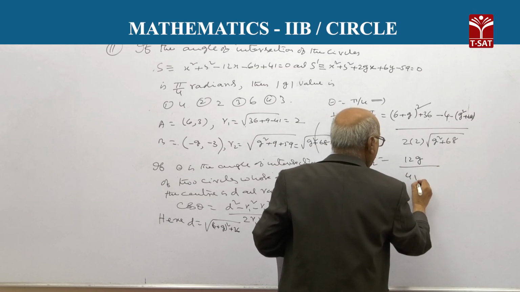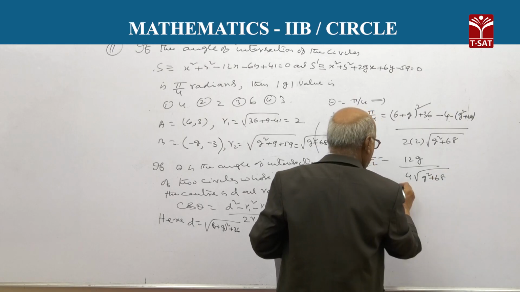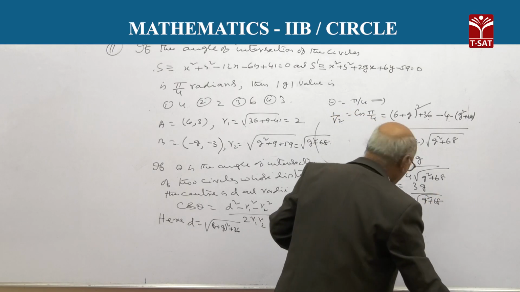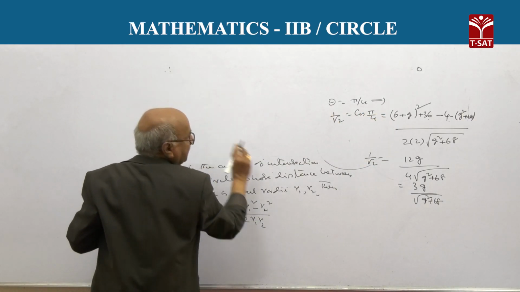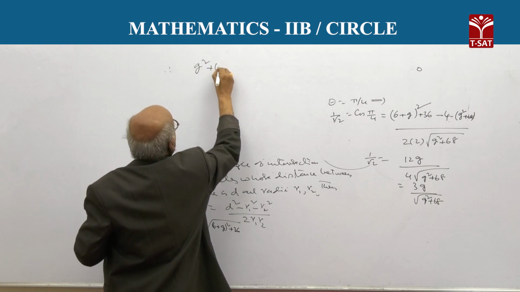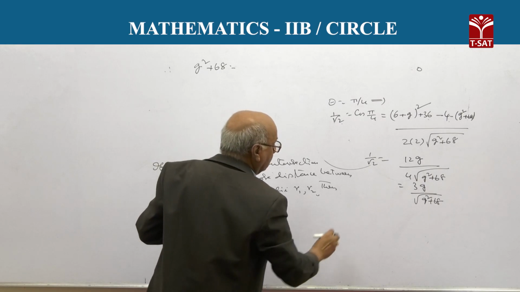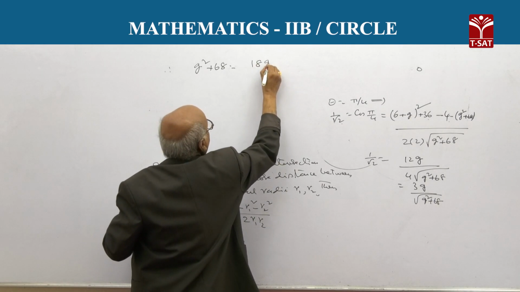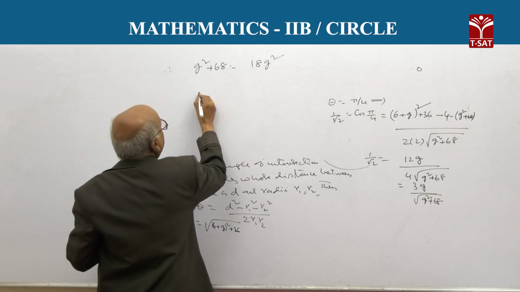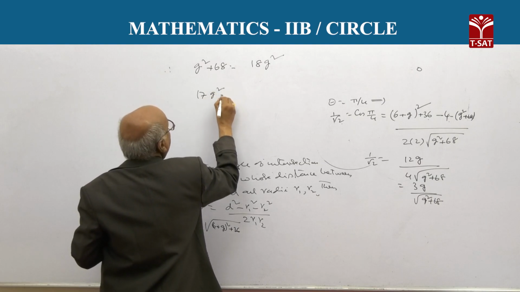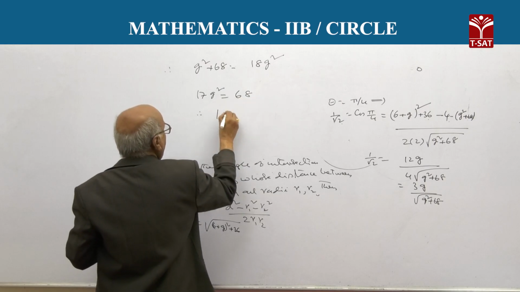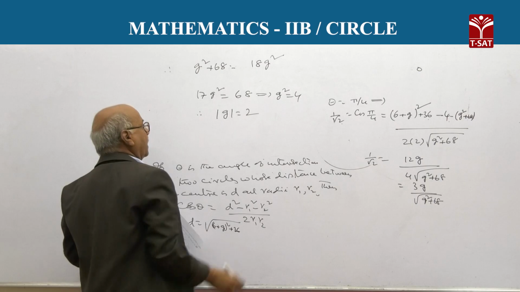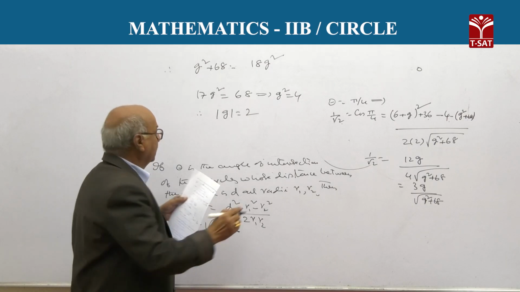So 12g / (4√(g² + 68)) = 3g / √(g² + 68). Therefore, squaring, 2g² + 136... that is, g² + 68 = 3g√2 squared = 18g². So 17g² = 68, that implies g² = 4. Therefore |g| = 2. So the correct option is option number 2. Answer: option number 2 itself.